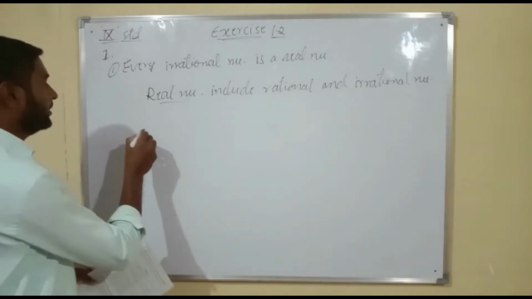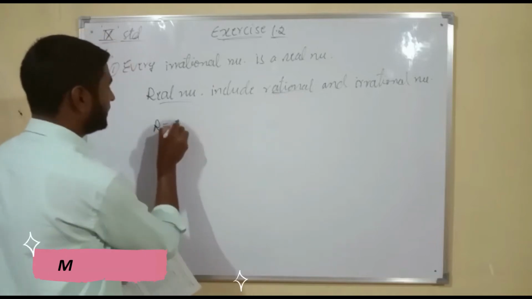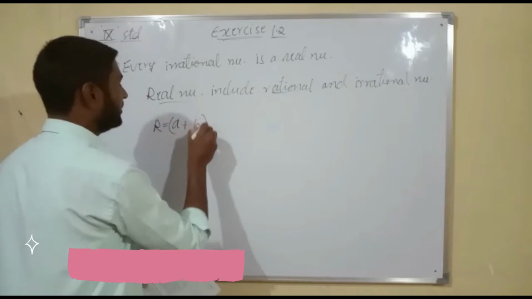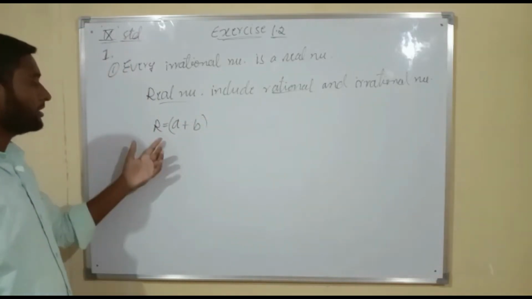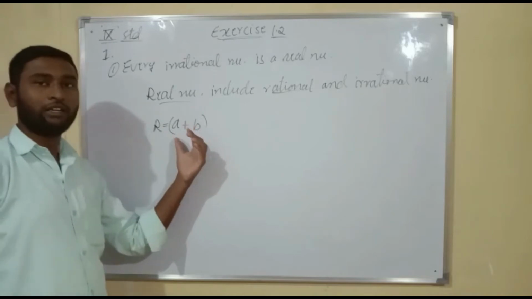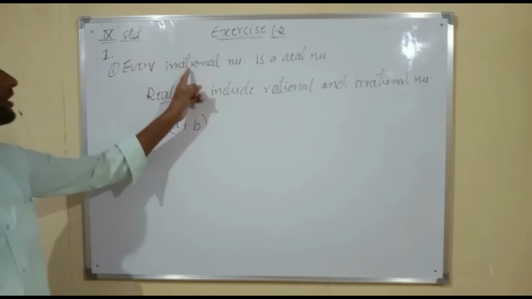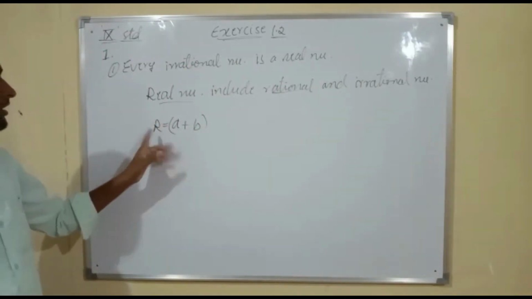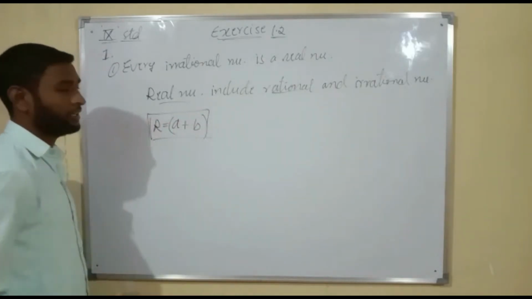For example, if I take A for the rational numbers and B for the irrational numbers, including both, it is called the real numbers. If you look at the statement, every irrational number is a real number, it means in the group of real numbers, every irrational number lies.